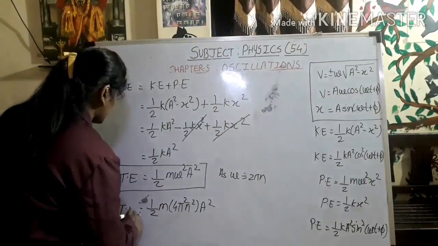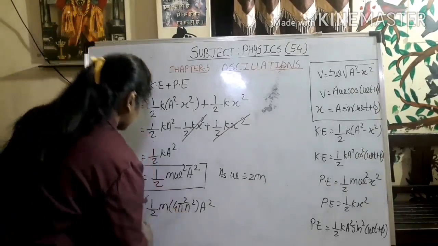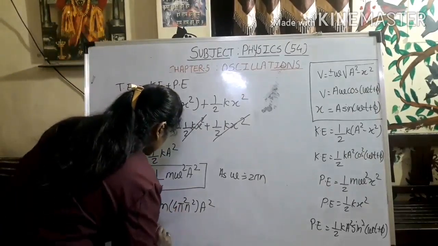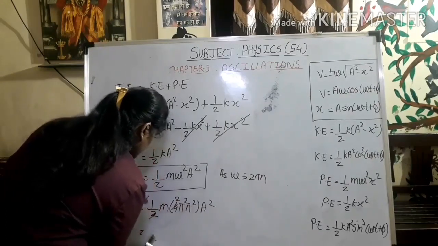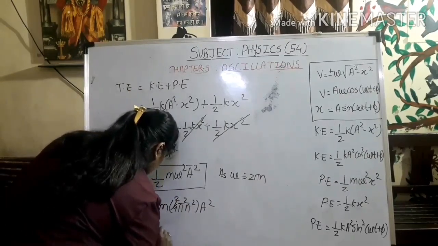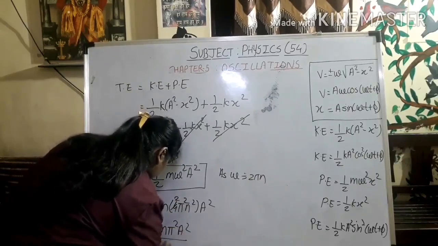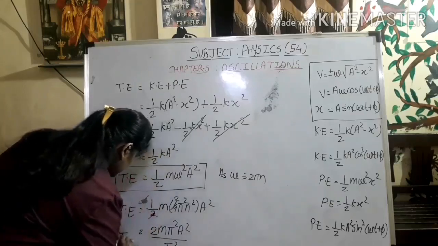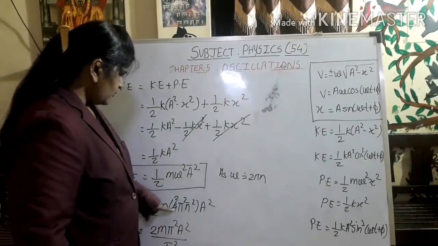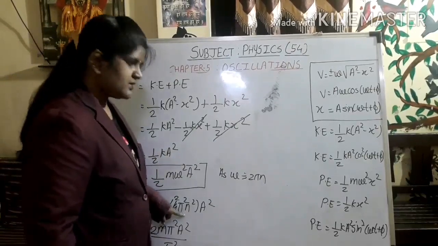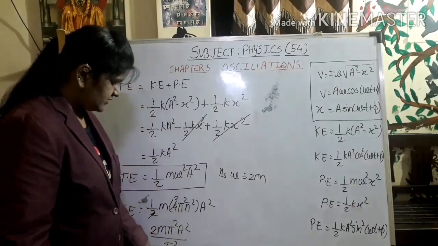So from this equation I can say that even this can be written like this. What I have done is I have just divided 4 by 2, alright, and n is nothing but frequency, right? So it is the inverse of periodic time. So I have written like this.